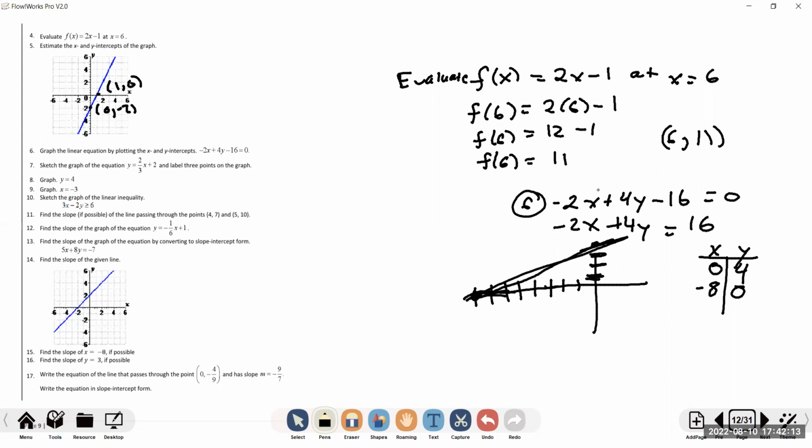Until I don't have any graph paper on this. There we go, on this drawing whiteboard, that's okay. Let me clear my drawings here.